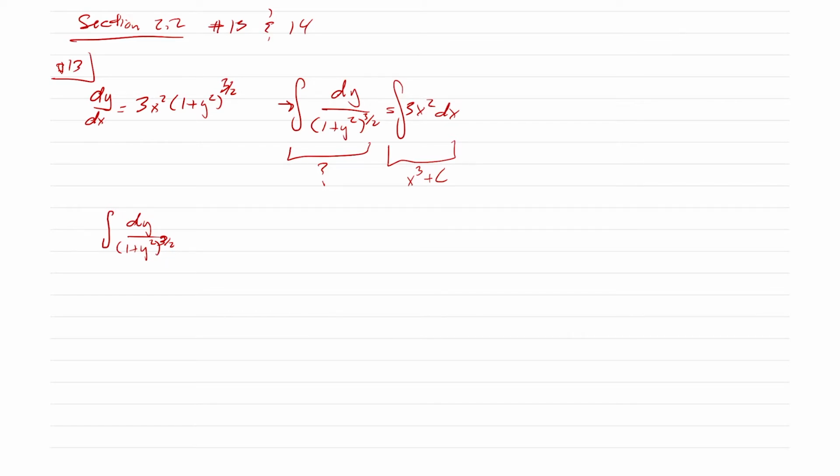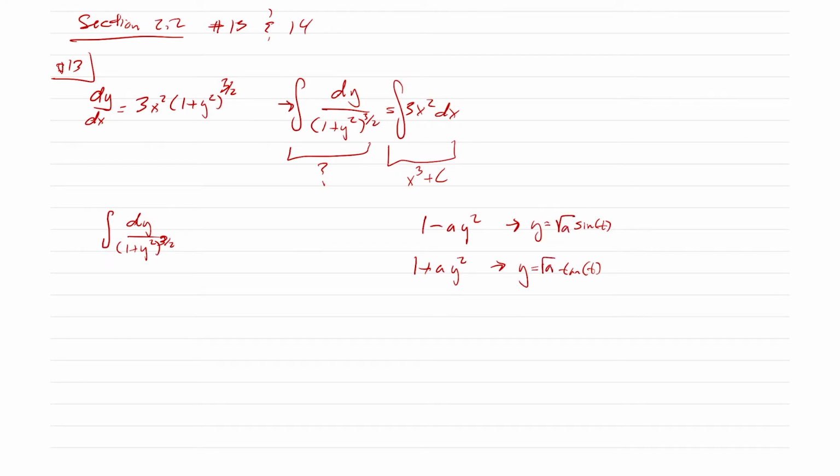Like I said before, we have two different things we're going to be looking for. If we have 1 minus y squared, that would tell us to set y equal to sine of t. If we have, say, 1 plus y squared, that tells us to set y equal to tangent of t. More generally, if I have a 1 minus a y squared or a 1 plus a y squared, then on the other side we'd just put square root of a.